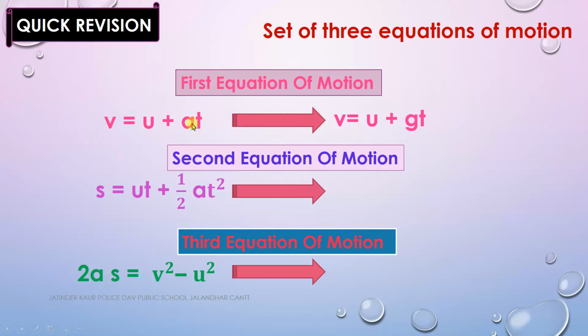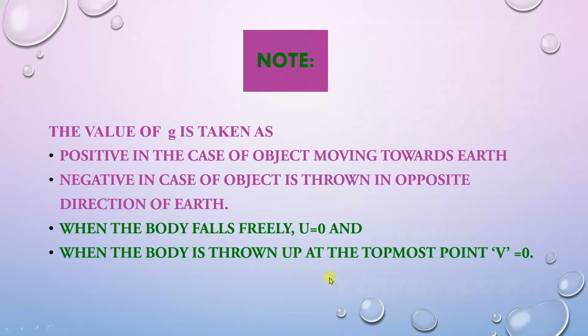Remember it, okay? Instead of a, we are writing g now. And then the second equation will be h equal to ut plus half gt square. Instead of s we are writing h, instead of a we are writing g. And for the third equation, 2gh equals v square minus u square. Clear? I think it's clear now. So remember these three equations by heart so that we can solve the numerical problems.